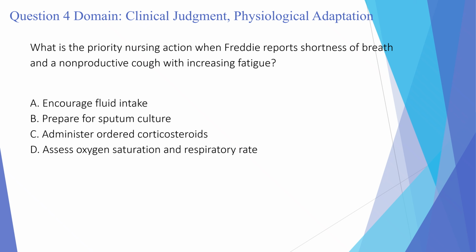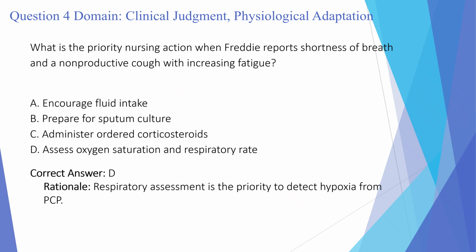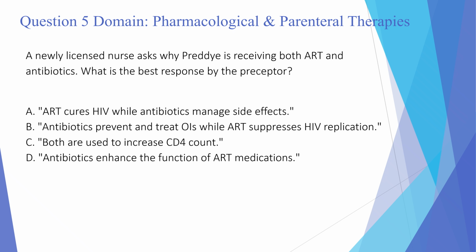Encourage fluid intake, prepare for sputum culture, administer ordered corticosteroids, assess oxygen saturation and respiratory rate. So the correct answer is assess oxygen saturation and respiratory rate. We have to follow ABC, as we said earlier. Respiratory assessment is the priority to detect hypoxia from PCP.